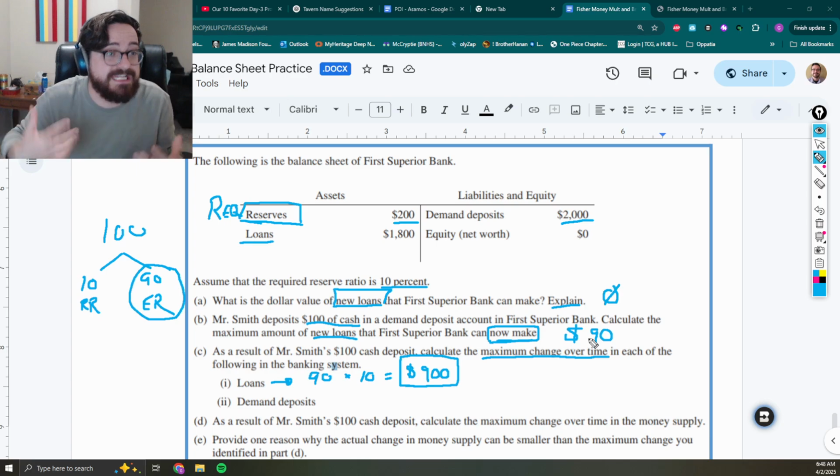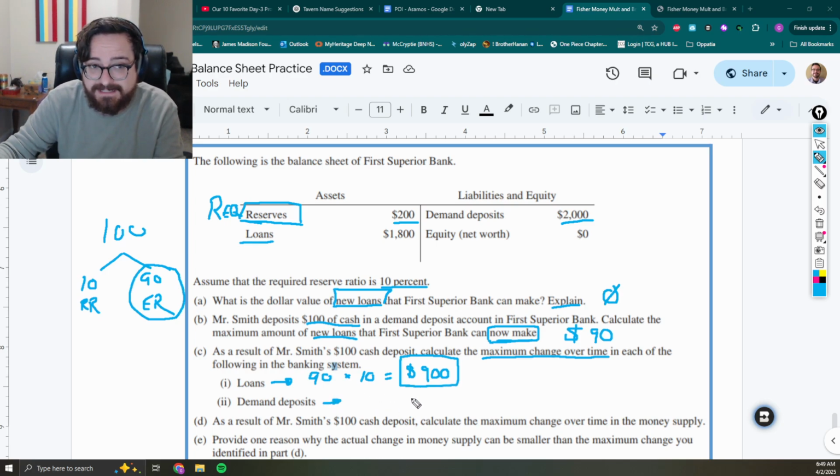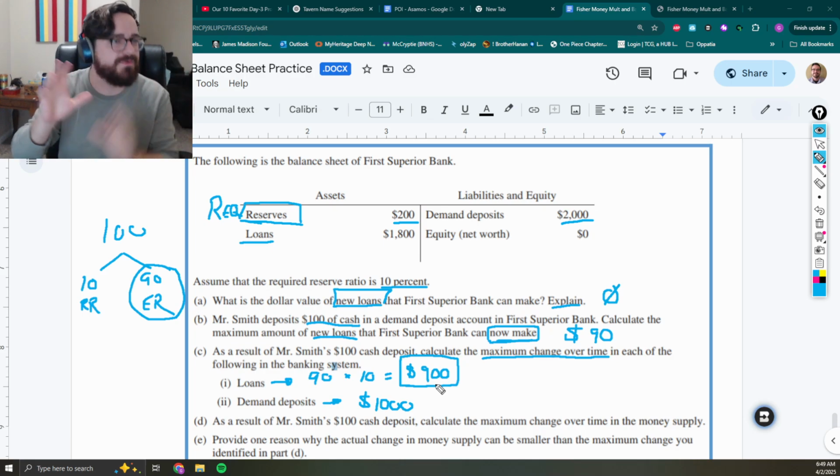They can loan out 90% of deposits. Well, they loaned out $900, and they're asking how much has to have been deposited to make that happen. How much money has to have been deposited so they could loan this out? The answer is 1,000. If $1,000 is deposited, they could loan out 900. I'm reverse engineering the math.